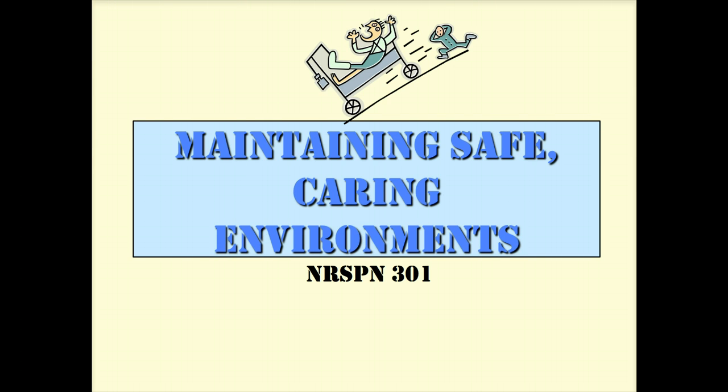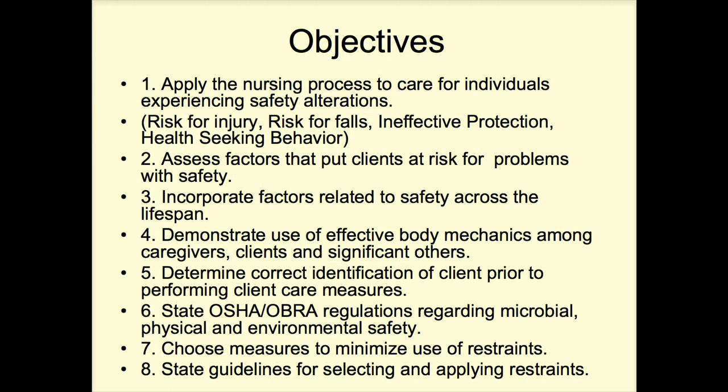And so objectives here will be that you learn to apply the nursing process to individuals who are experiencing safety alterations, people who are at risk, incorporate safety across the lifespan, demonstrate effective body mechanics, determine how the correct identification of patients, applying OSHA and OVA regulations, and choose measures to minimize use of restraints whenever possible.